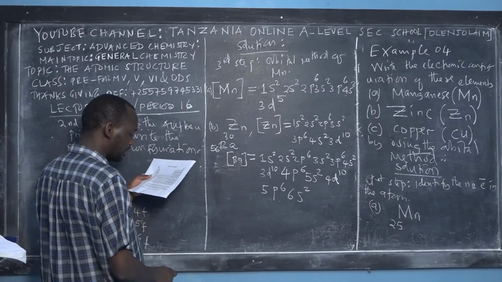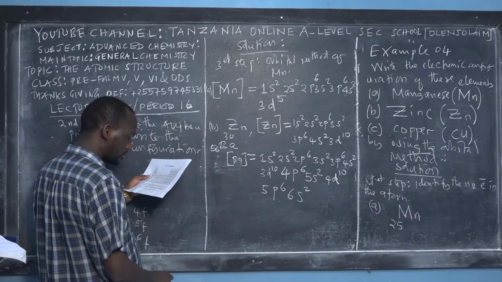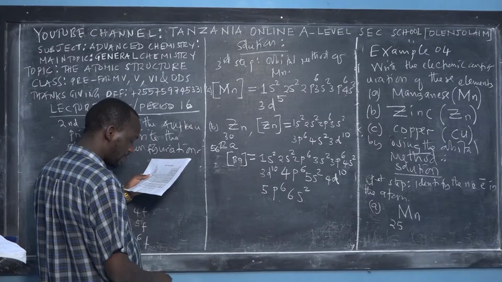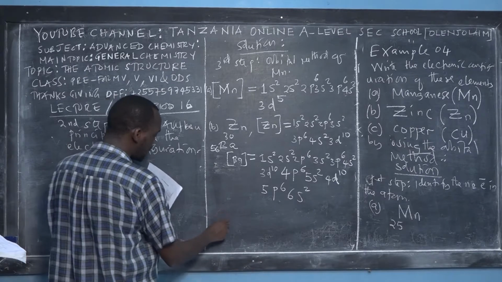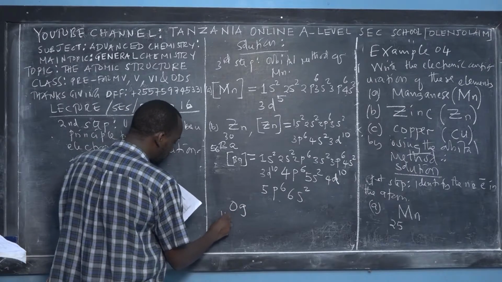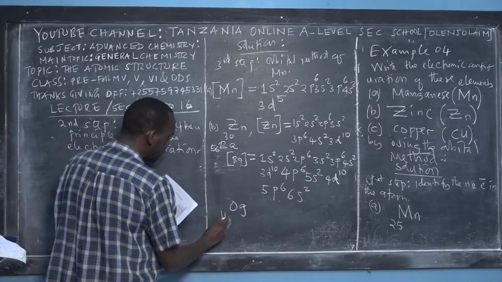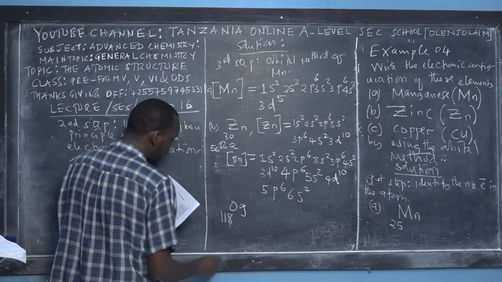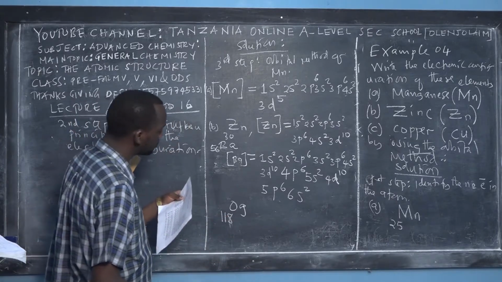So what if we are given oganesson, for example? Write the electronic configuration of oganesson, which contains 118 electrons.